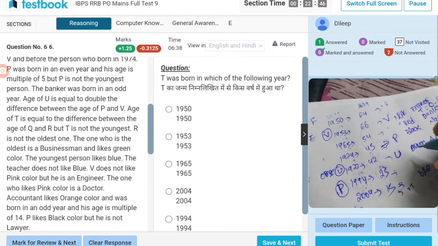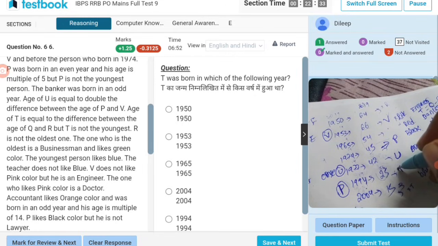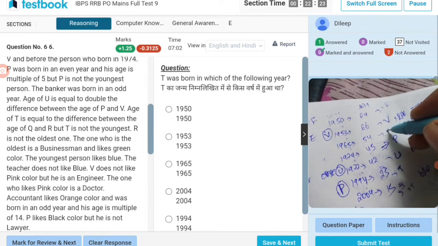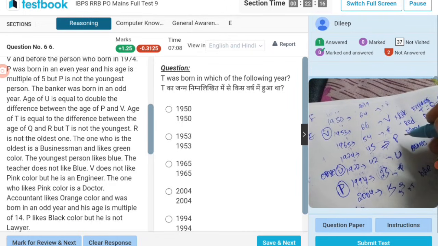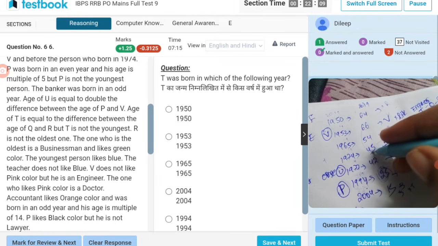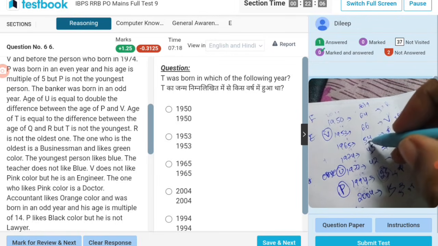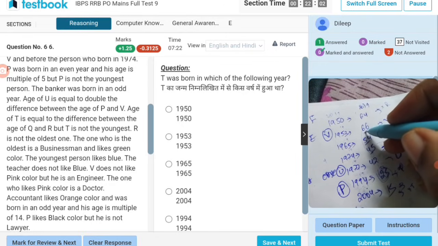T is equal to difference between Q and R. So 54 and 66, 64.